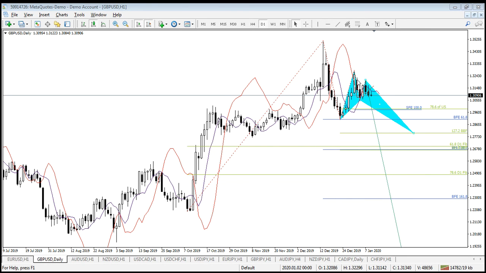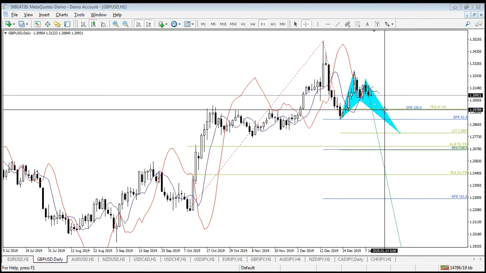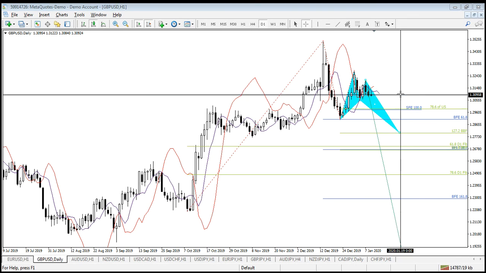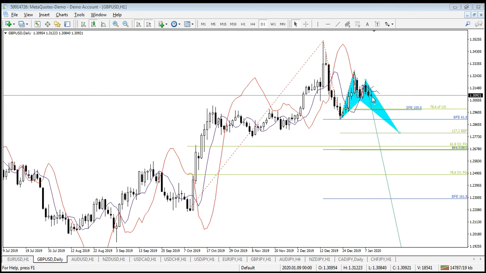If this entire move is going to be an A, B, C, D kind of retracement to this area, then this is just going to be a retracement, formation of Gartley, and price will return to the upside. Otherwise, if it is faster, then it will come at least to this area. There will be a mild reaction here, and then it will further fall. So we'll be looking at the speed and further formation.